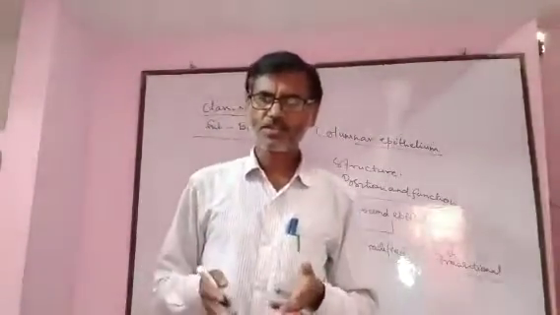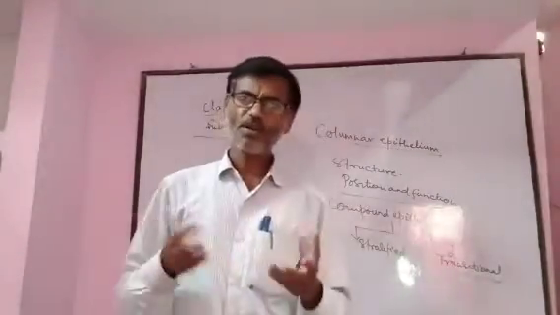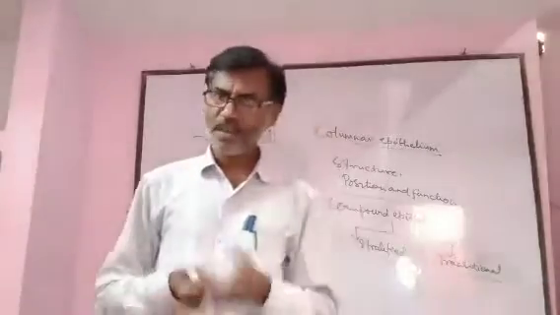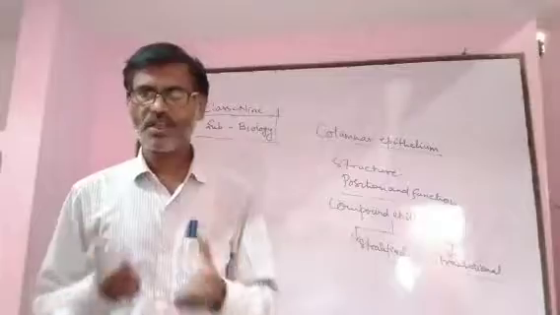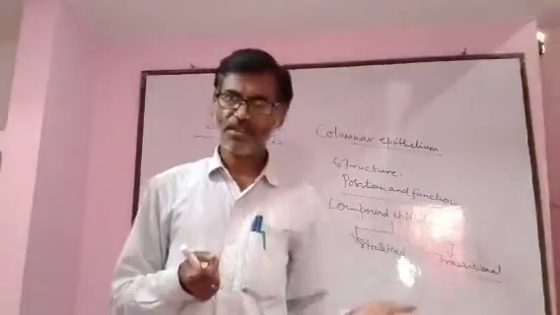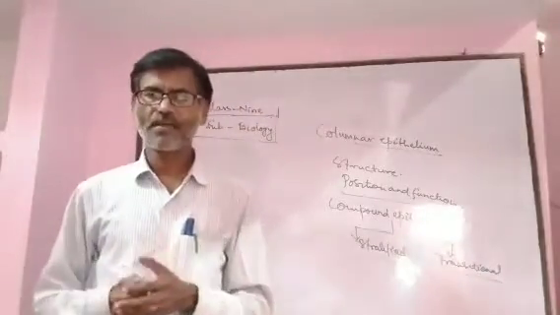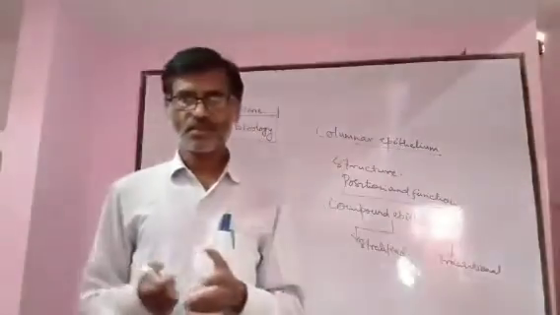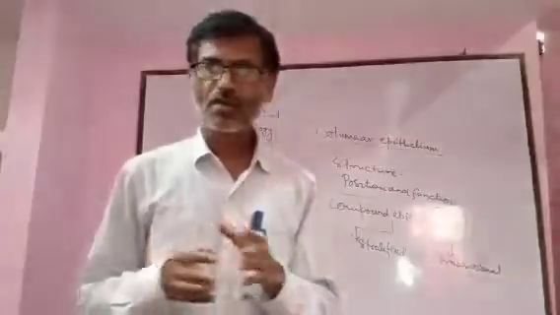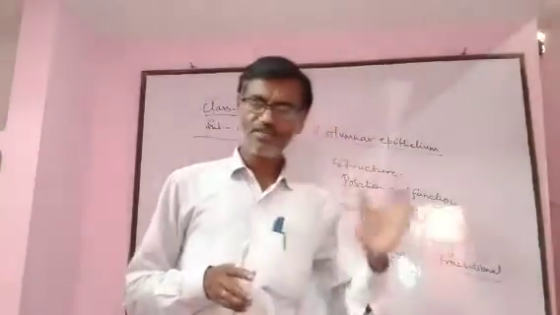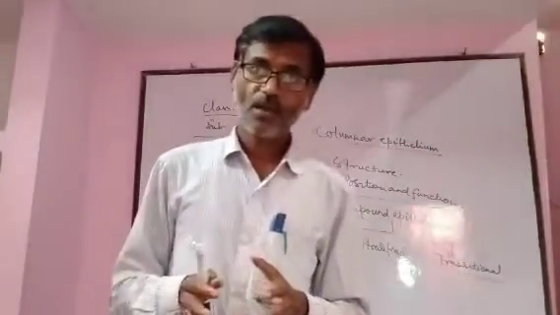Now next we will discuss compound epithelium. Compound epithelium is multilaminar, that is, consisting of many layers of cells. Simple epithelium is made by only one layer of cells, while compound epithelium is made by many layers of cells. Well, there are two main types of compound epithelium: stratified epithelium and transitional epithelium.